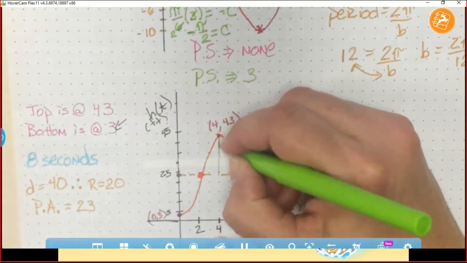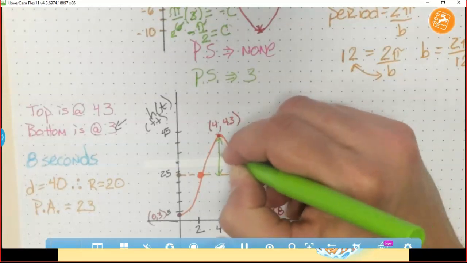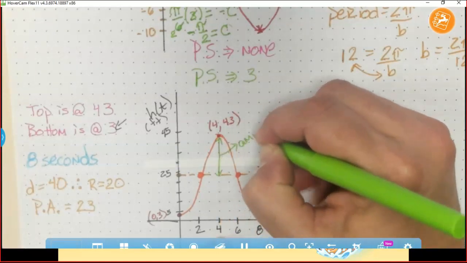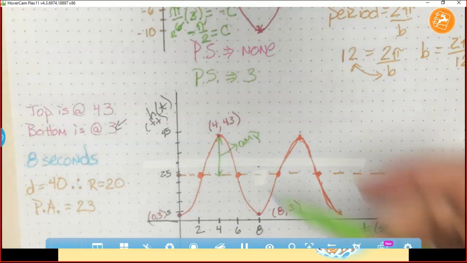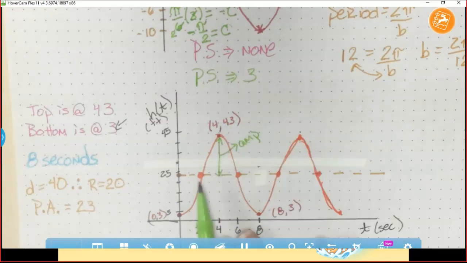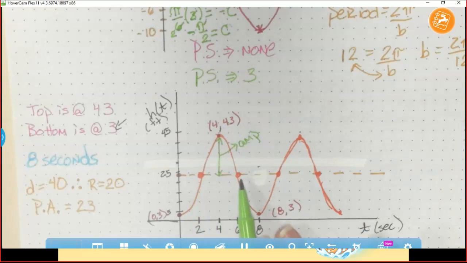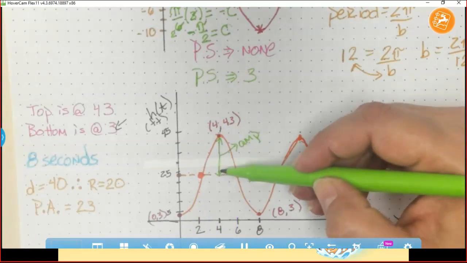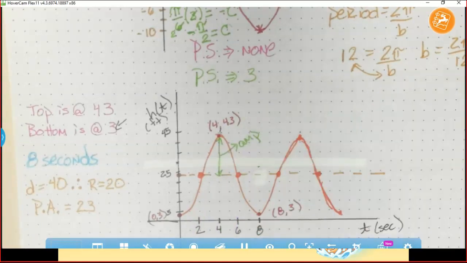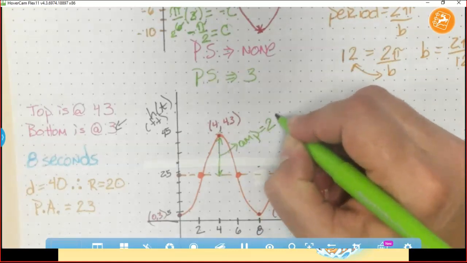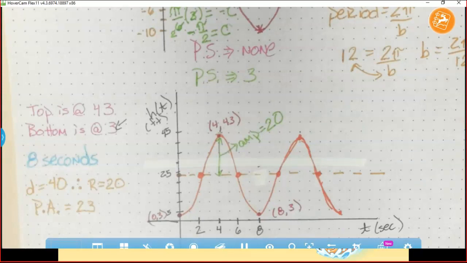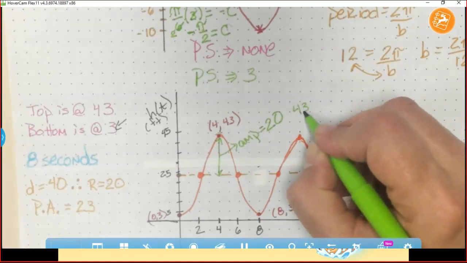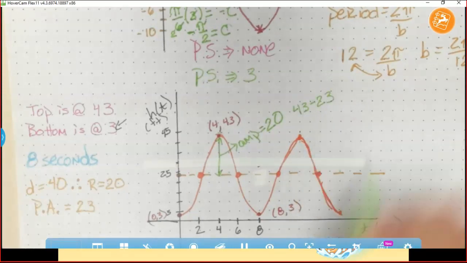This right here is my amplitude. Now, when I ask you for your amplitude, we're talking about the vertical distance, not the time distance. How many units is it from the principal axis to the top? 20. So in this case, my amplitude is 20 spaces. Remember, that is 43 minus 23.